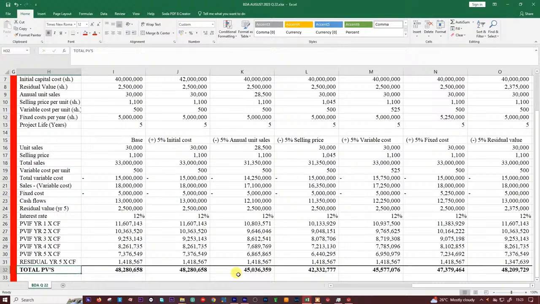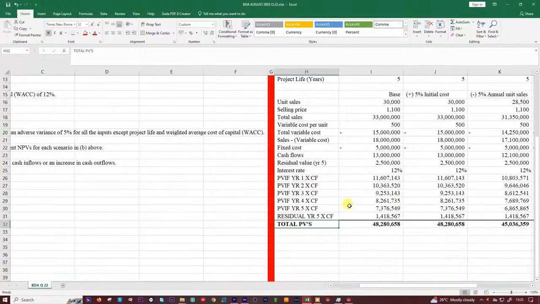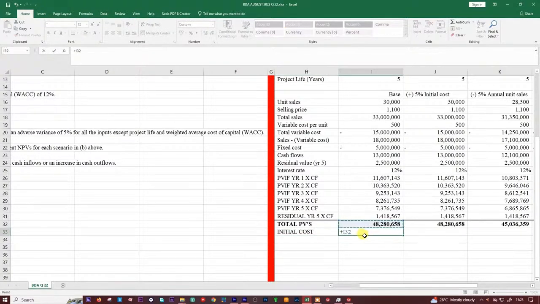But remember, part A is requiring us to get the net present value. You can see here, compute the base net present value. So we need to deduct the initial cash outlays. So the initial cost, should I say plus or should I say minus?